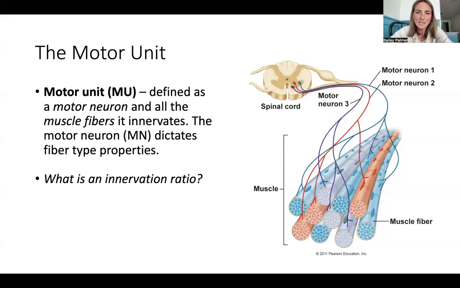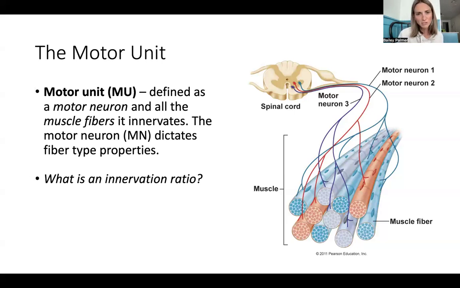We would find these in our gastrocnemius or our glutes or latissimus dorsi, large muscles that produce a lot of gross movements. An innervation ratio that's smaller, so one motor neuron to like 5 muscle fibers, could be something like the muscles we find in our hand that produce fine motor patterns, fine motor skills, rather than a large gross motor unit.